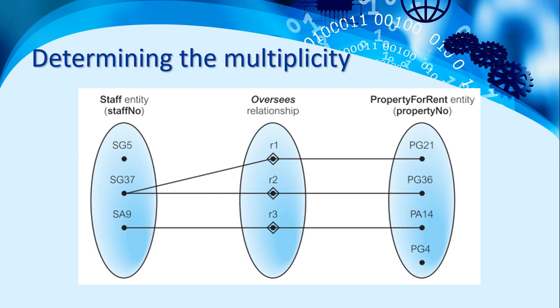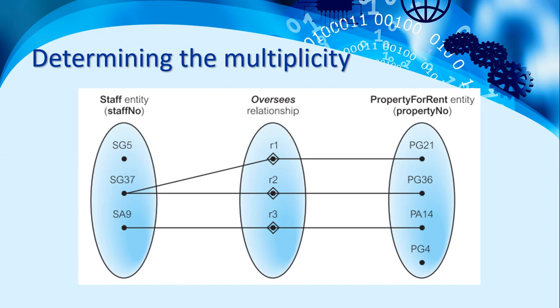And also, itong PG4 na property for rent, walang staff na nag-oversee sa kanya. So PG14 is not overseen by any member of staff. So in summary, a member of staff can oversee at least 0 or more properties for rent.